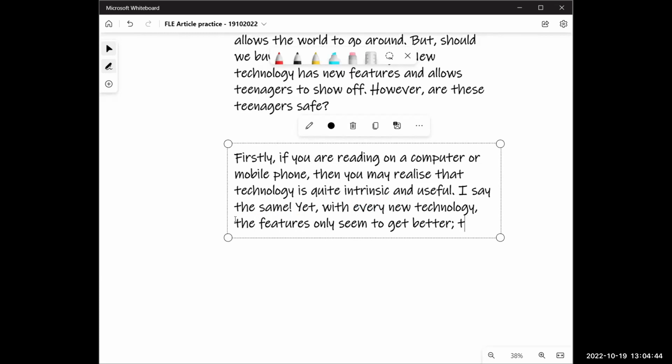This is good. And Rachit, what else can I say about people and the use of technology? Examples. Now, I've given my opinion here that people find technology useful, and with every new technology, the features only seem to get better. This is good. Now, what else should I say? Any examples which you can give me?